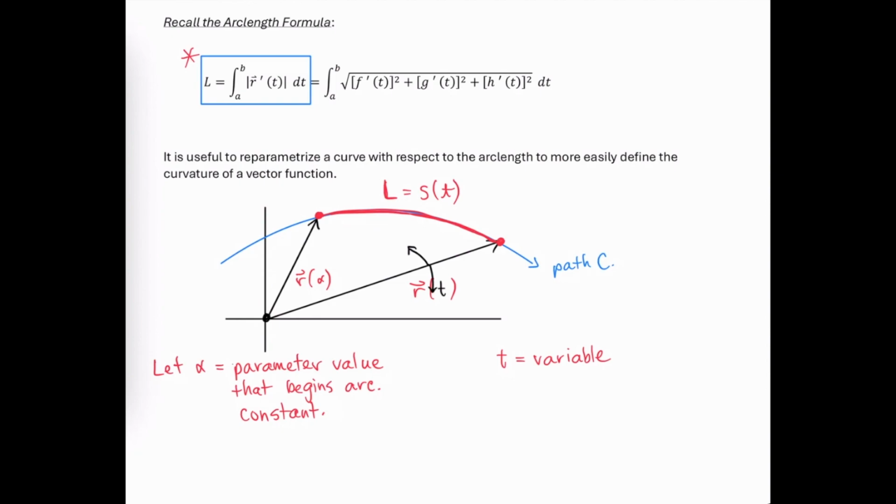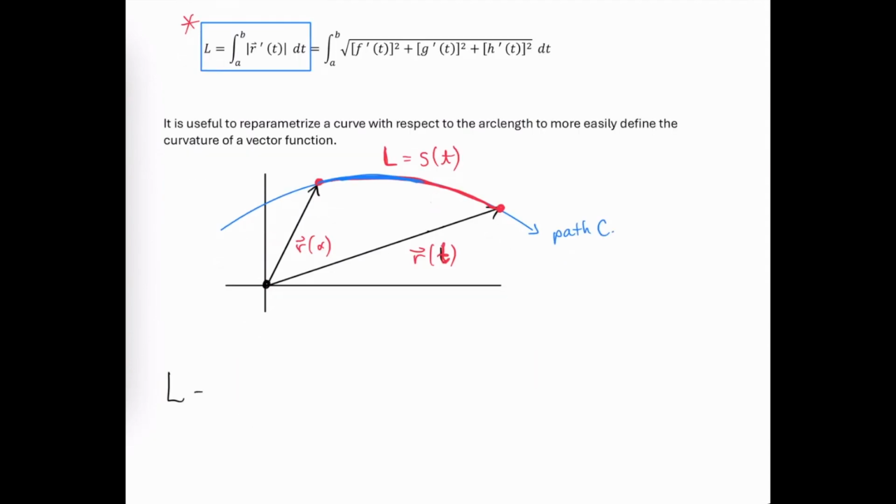And as this vector sweeps in this direction, that's going to have an impact on the length of arc that is traced out. But if the vector is in a different position this way, then I'm also going to have a section of arc that is then longer. So the section of arc that is traced out depends on the value of t. And if t is a varying quantity, then this arc length also depends on t, that variable.